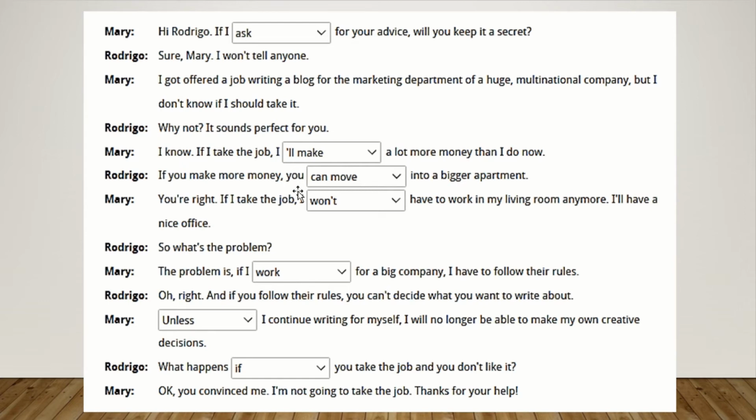Next one. If you make more money, your options were, this is number 3, "move" or "are moving". You move into a bigger apartment. Yes, but if you make more money, you can. This is like the possibility you have, right? It's not something you always do.